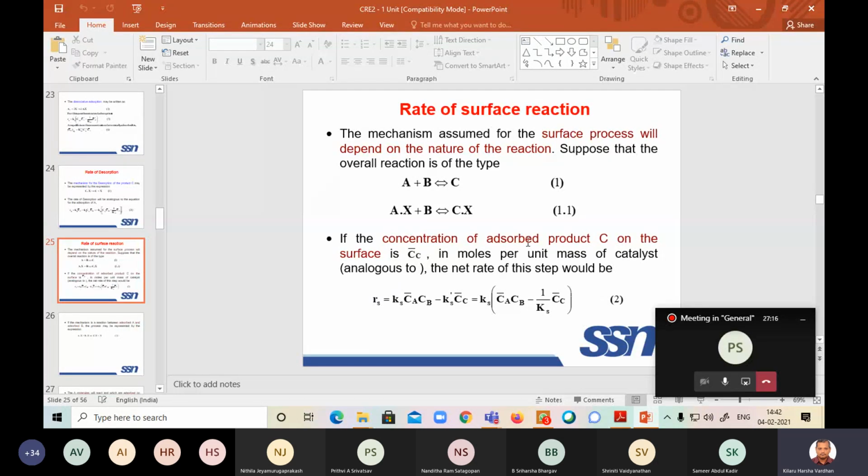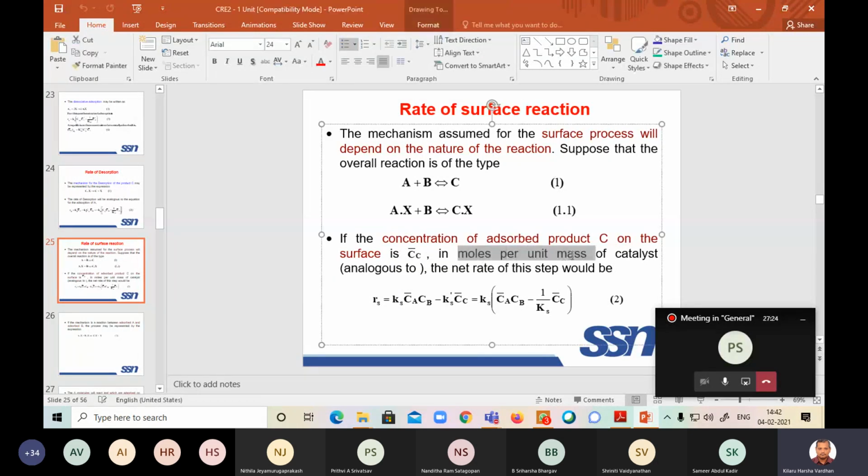If the concentration of the adsorbed product C on the surface is Cc star, given in terms of moles per unit mass of the catalyst, then the net rate will be analogous to whatever you did previously. Rs, the rate of the surface reaction, has a forward reaction and a backward reaction.